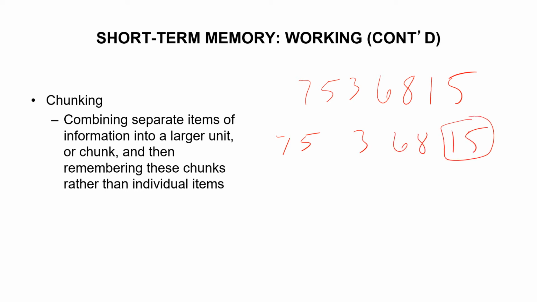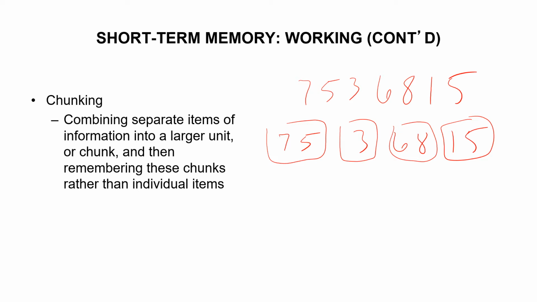Now we've got 4 chunks of information. We could then add more information to our mind now that we have these 4 chunks. I'm going to erase that 7 and rewrite it. So we've got 4 chunks of information now: 75, 3, 68, and 15.